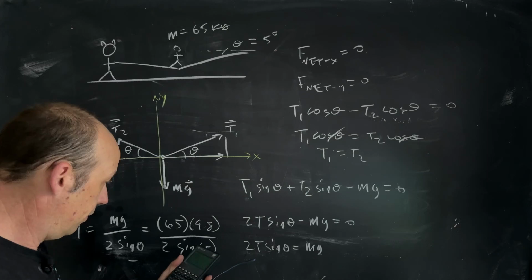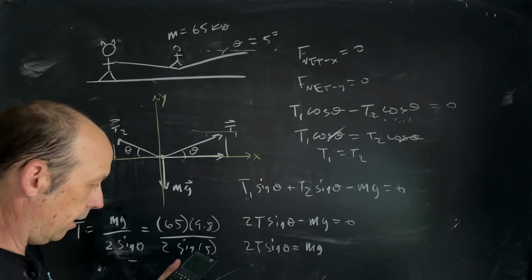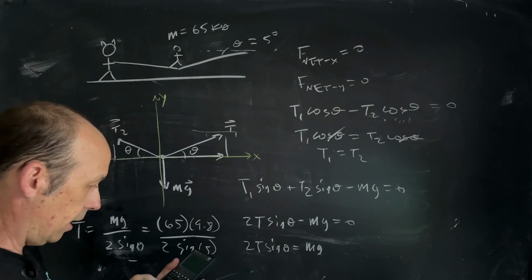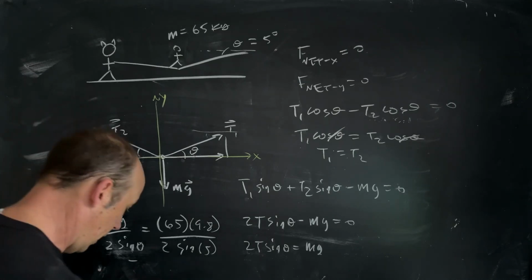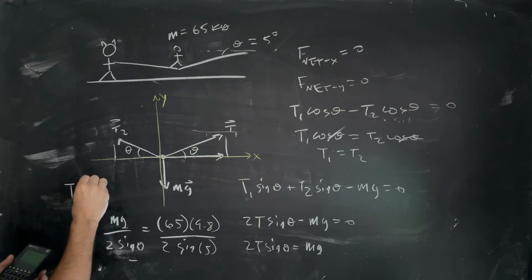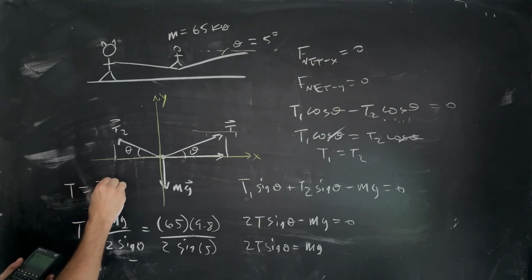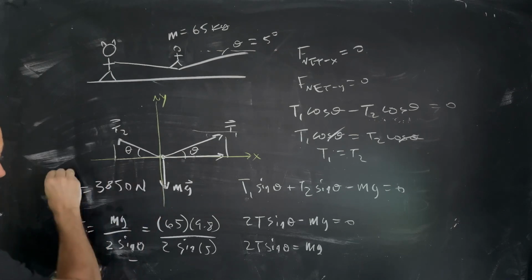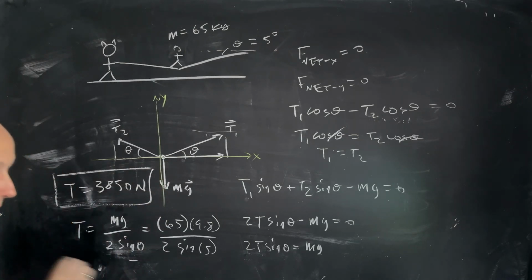Okay, so I have 65 times 9.8 divided by 2 divided by sine of 5. And I get a value of 3,850 newtons. I rounded to 3 significant figures just to make things easy.